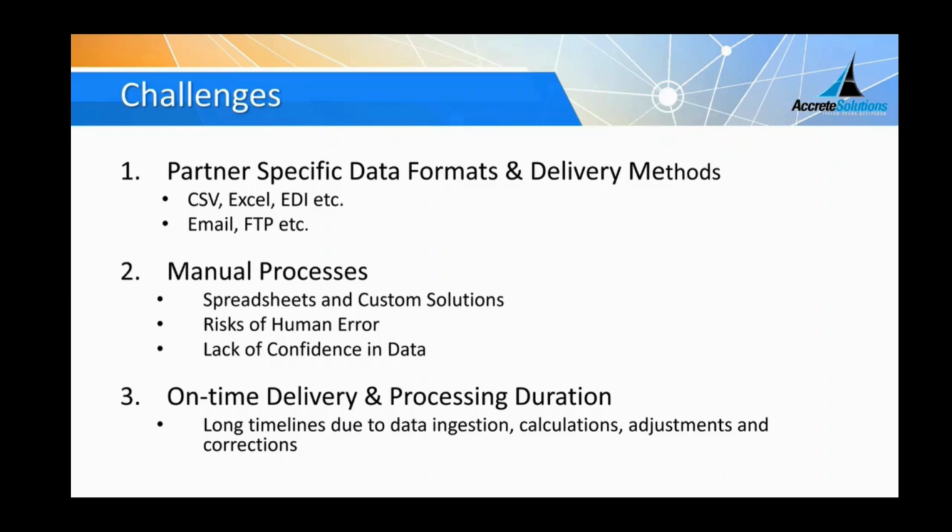If you're dealing with hundreds and thousands of partners, that's a huge variation in the data formats. Even if it's CSV or Excel or EDI, within that file itself, the field names may be different. They might use different types of fields. So that's a big challenge.